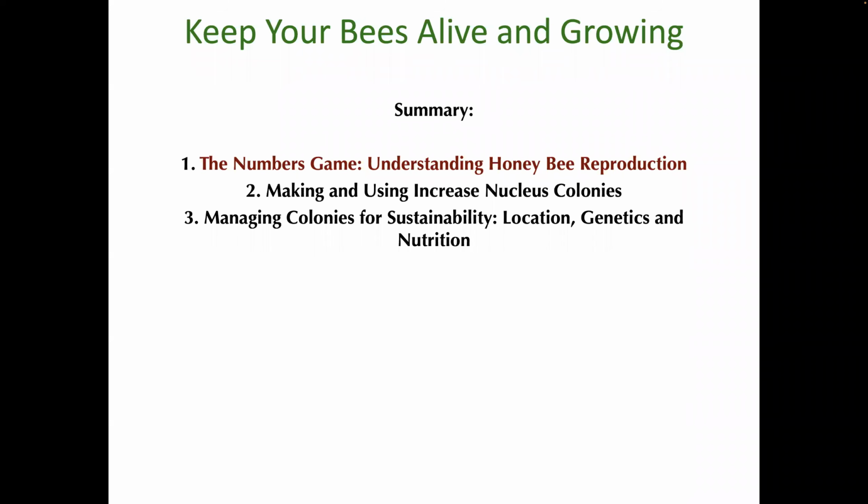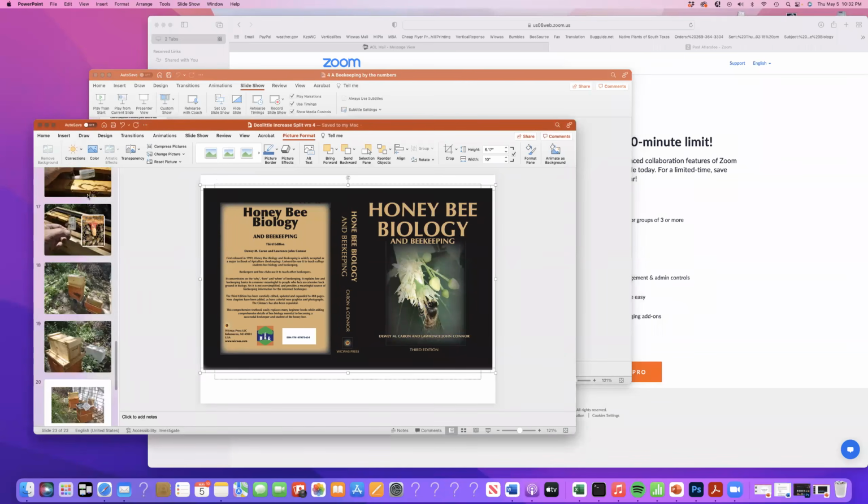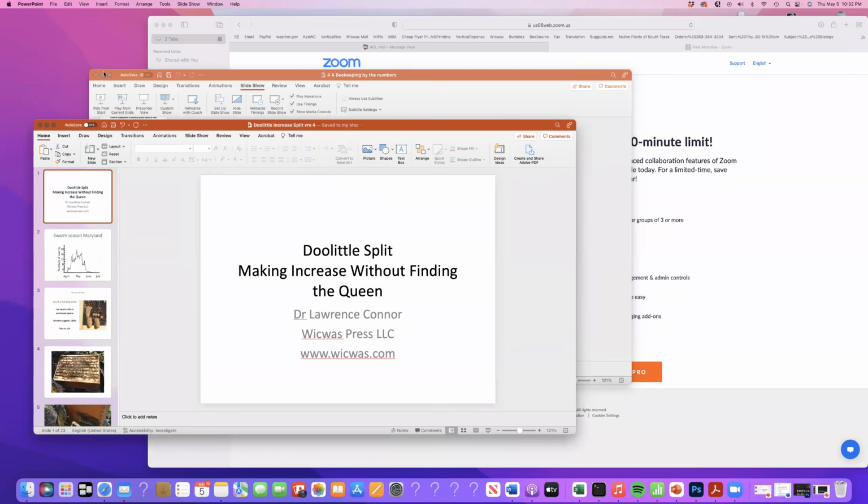Langstroth used the word nucleus. He was a great proponent of making increased nucleus colonies. And so we're going to go to the next topic.